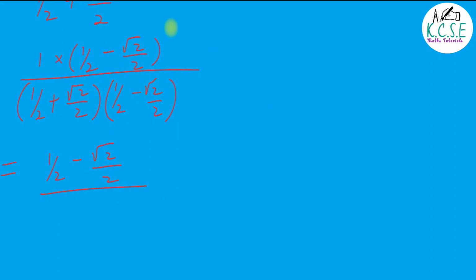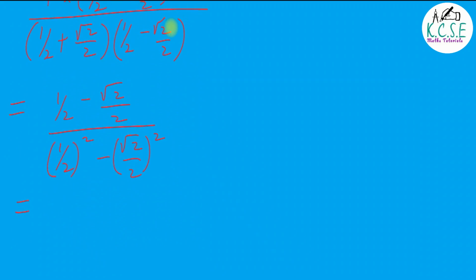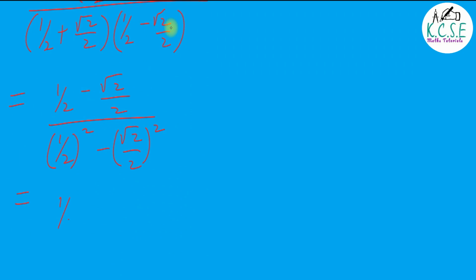The denominator will be a difference of two squares, given by half squared minus root 2 over 2 squared. This gives a quarter minus root 2 over 2 squared.